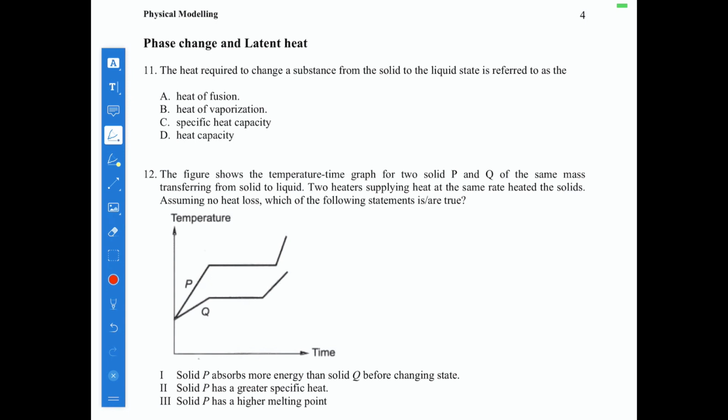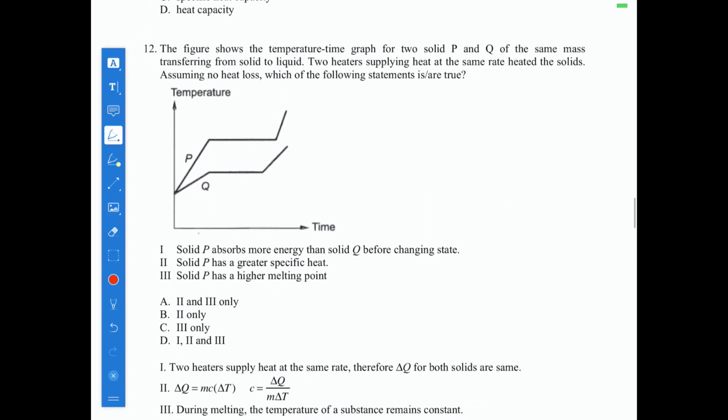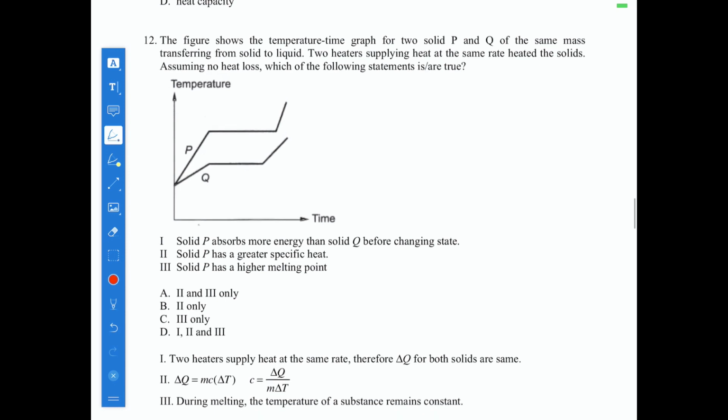Number 11. The heat required to change a substance from the solid to the liquid state is referred to as heat of fusion. Number 12. We have to look at this diagram.